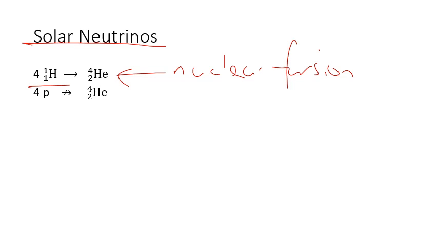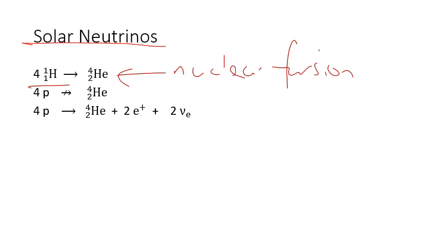But you see, you're wiser still now because you've just watched this video, and you know it's perfectly possible for protons to turn into neutrons, providing they do beta plus decay. So 4 protons can indeed become a helium nucleus, providing that in the process 2 of those protons have done beta plus decay to become neutrons.